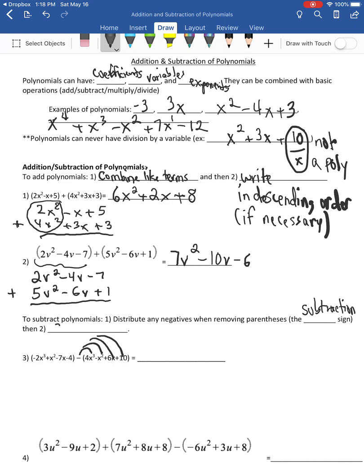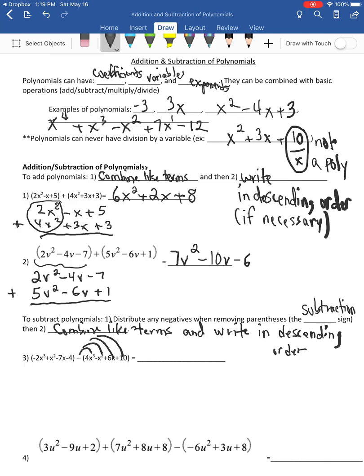And then combine like terms and write in descending order.